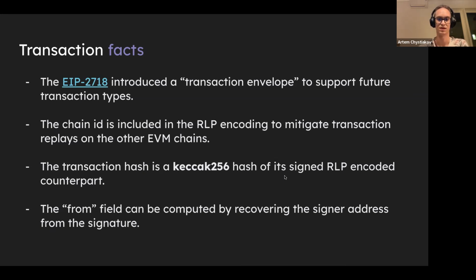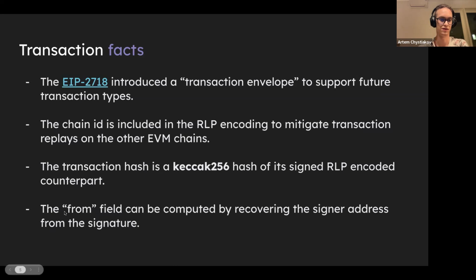Then you get this signed transaction and the signature encoded once again via RLP encoding, get another set of bytes. You hash it with keccak256, and the output is the transaction hash. So basically, every major field together with the unique nonce and the signature gets you a unique transaction hash.